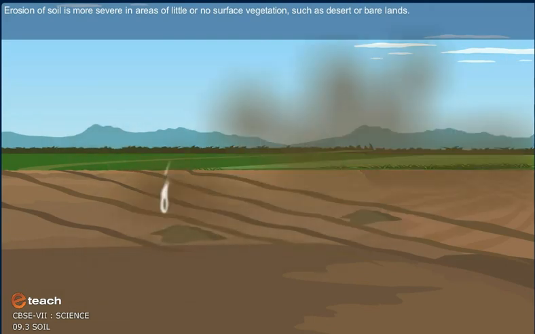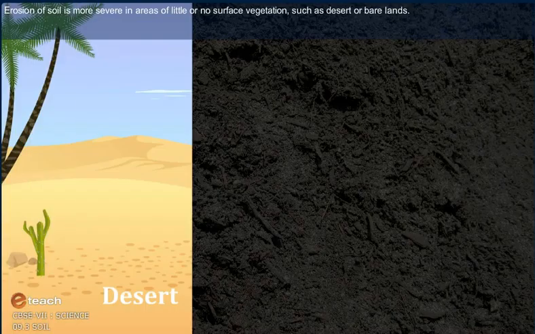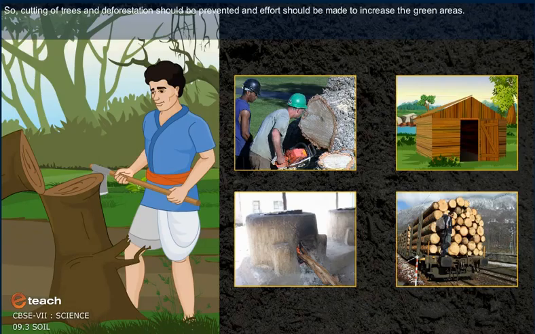Erosion of soil is more severe in areas of little or no surface vegetation such as desert or bare lands. So, cutting of trees and deforestation should be prevented and efforts should be made to increase the green areas.